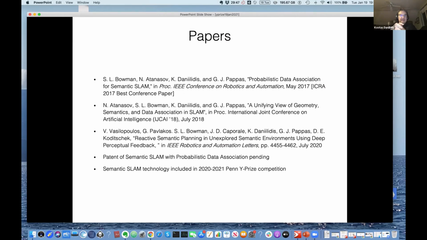We have also filed for a patent, as you see below, and we are very proud that our technology has been selected to be a candidate for the Y Prize. And I am open for questions.